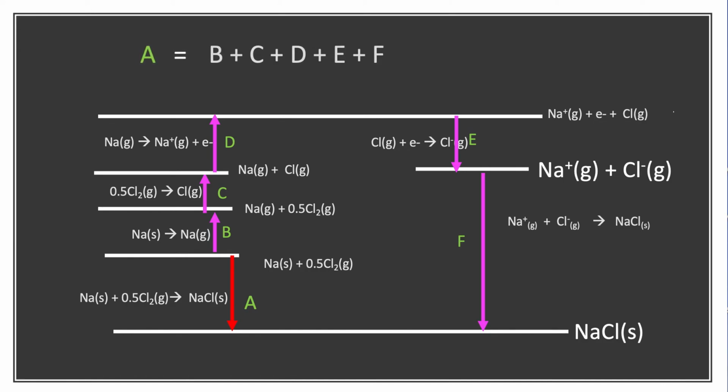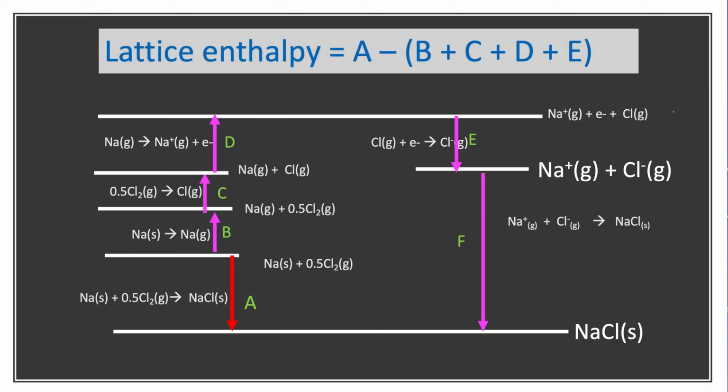So we can put that in an equation that A is going to equal B plus C plus D plus E plus F. But I want to find F, so that rearranges to give me the lattice enthalpy is equal to the enthalpy change of formation minus all the other values. Now we need to be a little bit careful when we do the maths here.